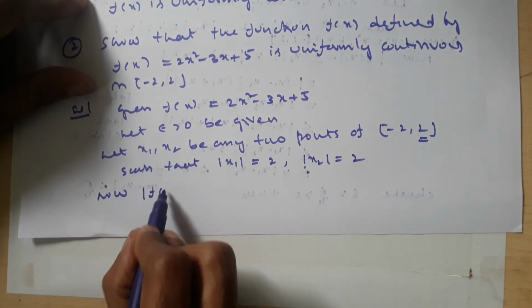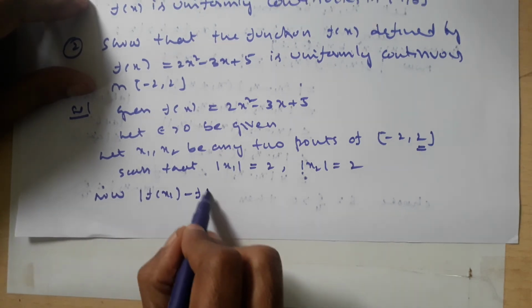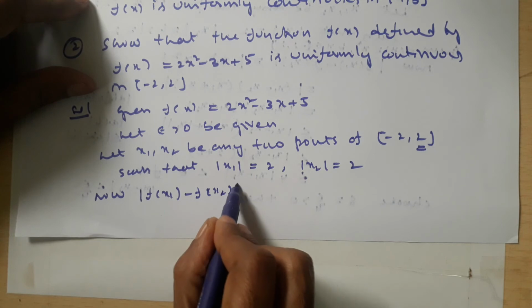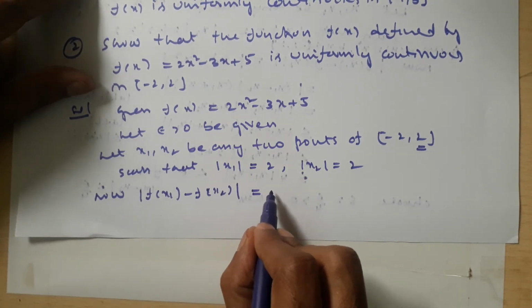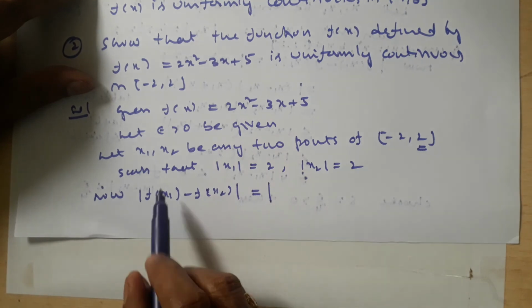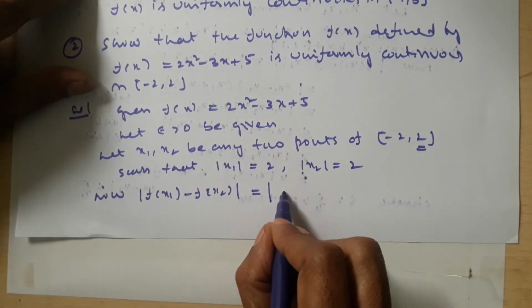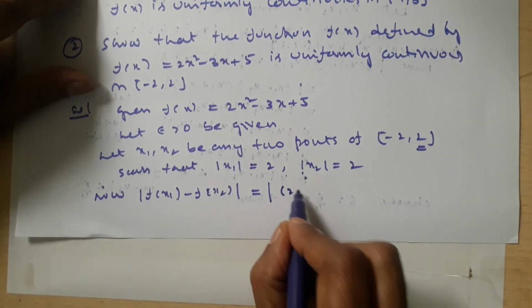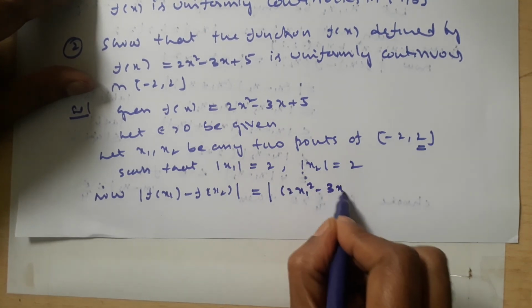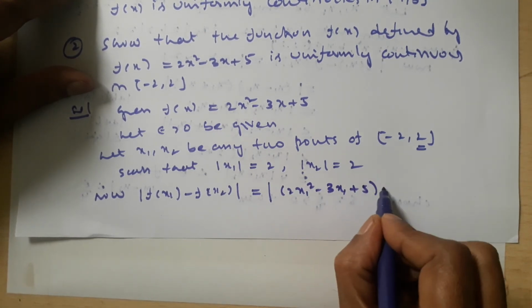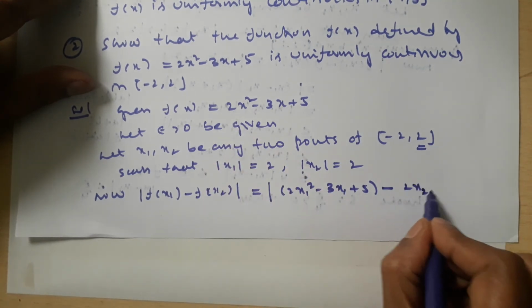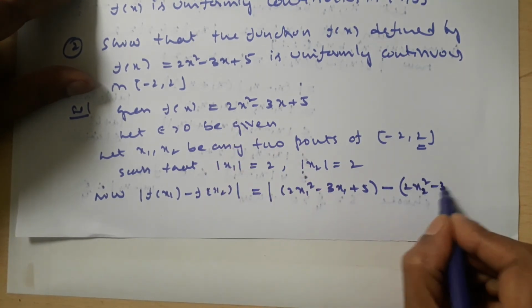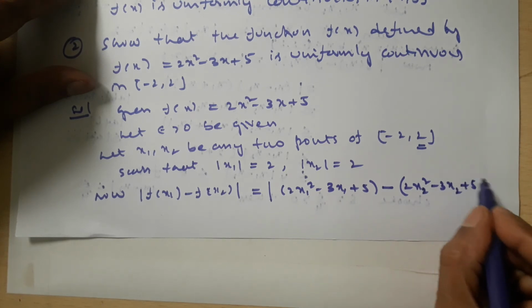Now mod f of x1 minus f of x2 is equal to mod, substituting in the given function, 2x1 square minus 3x1 plus 5 minus f of x2, which is 2x2 square minus 3x2 plus 5.